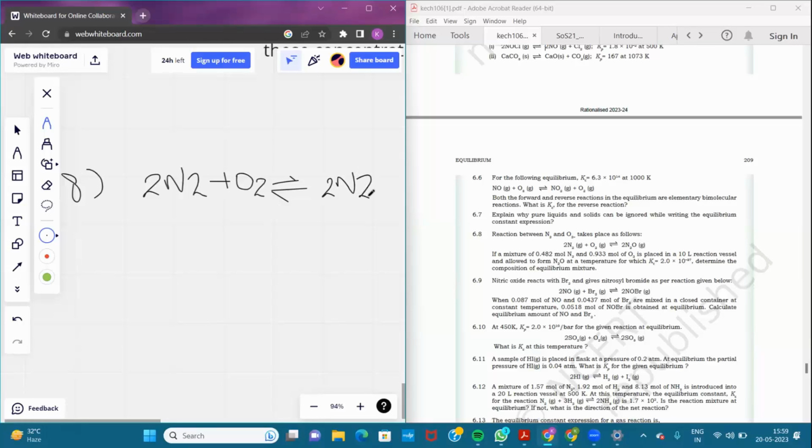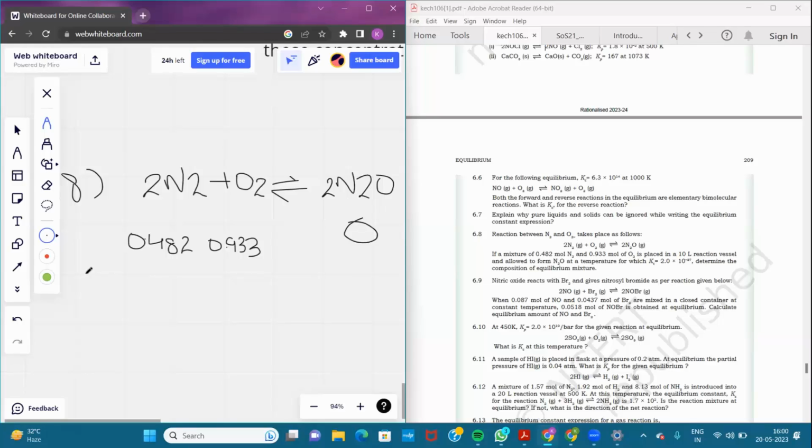2N2O, all are gases. This is 0.482. As the reaction proceeds, here the initial is 0. We'll consider the case where equilibrium is attained.